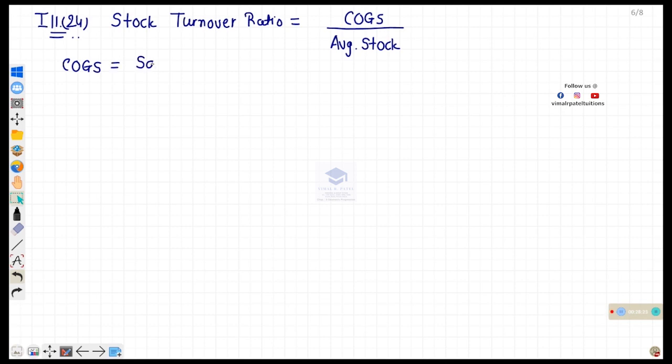So COGS is equal to sales minus gross profit.